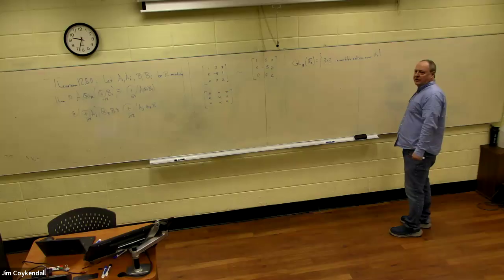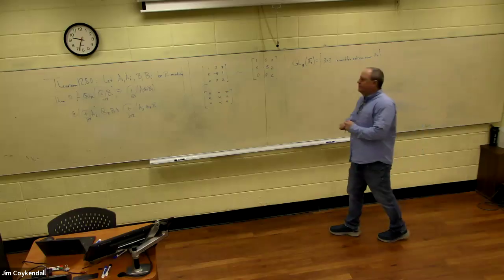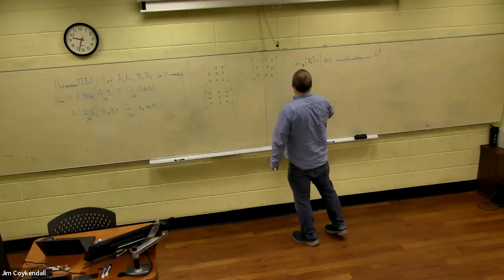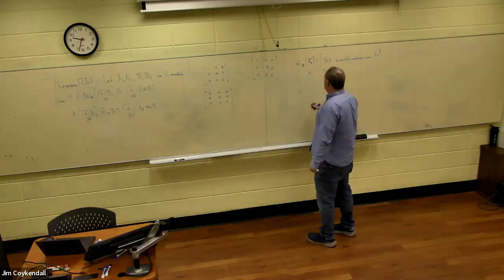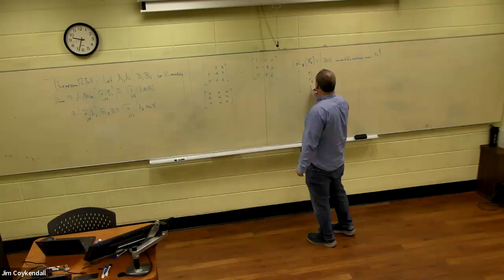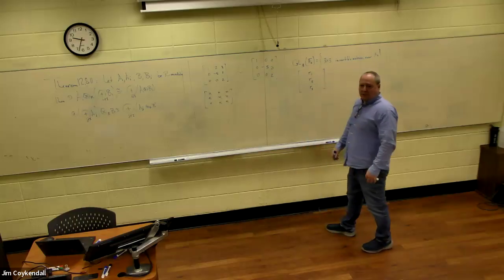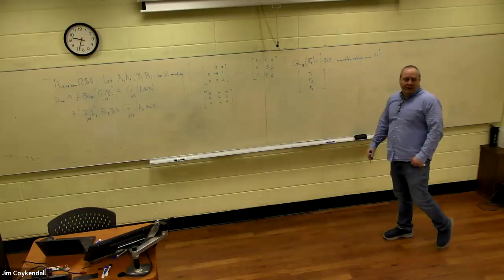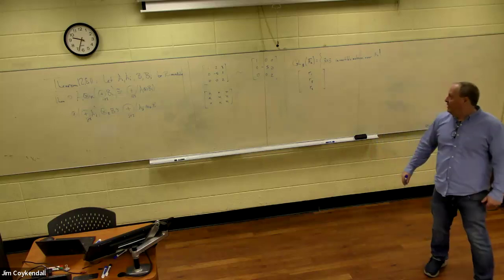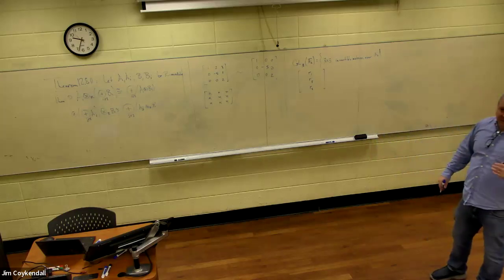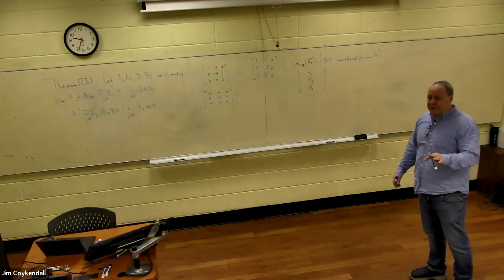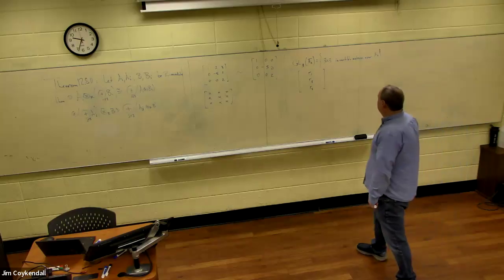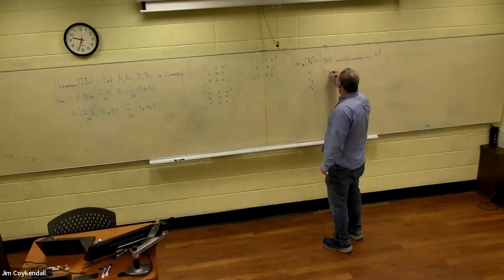There's 168 of these. Anybody know how to figure that out? Let's think of this as building just 3 rows. I'm going to build an arbitrary matrix in GL(3,2). Let's take it one row at a time. Now I've got to make sure as I progress that this matrix is invertible. So how many choices do I have for row 1?